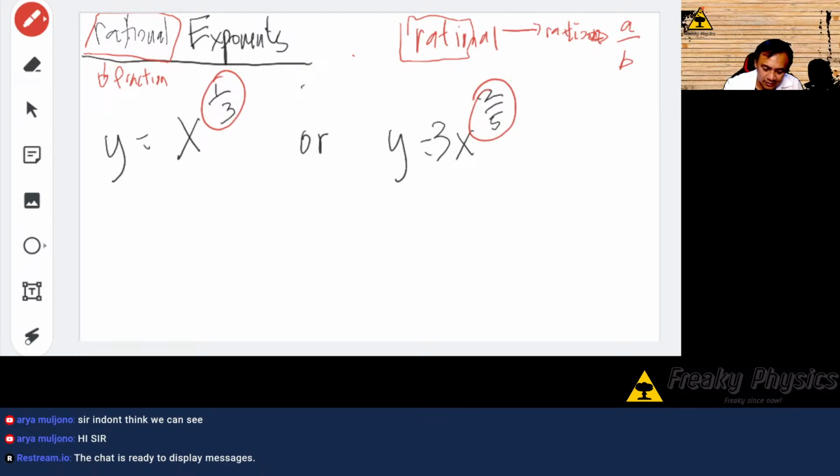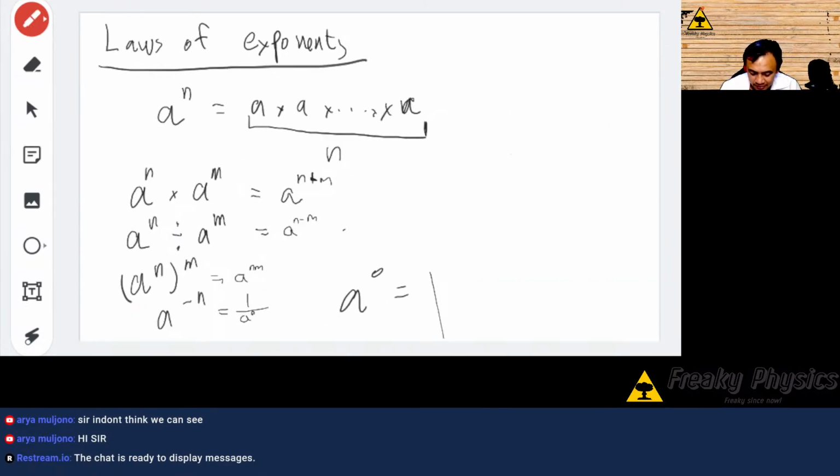Now, the recap we did earlier was the law of exponents. Of course, the definition of the exponent, a raised to n, is given here. You're multiplying a by itself n times, that's a raised to n. If you're multiplying a raised to n by a raised to m, you add the exponents. We're not going to go through how, maybe in a different video.